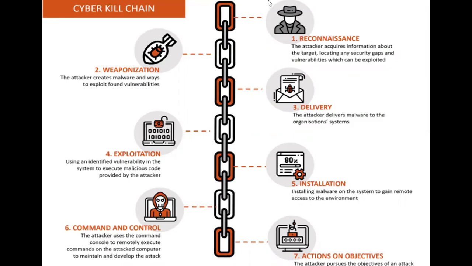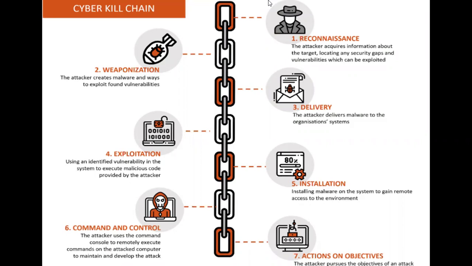Because if you create a malicious payload and there's nothing to exploit on the victim machine, then it's not going to work. You understand? So you have to gather enough information. The exploitation phase and installation phase actually go hand in hand.